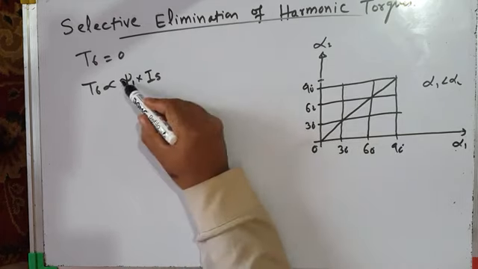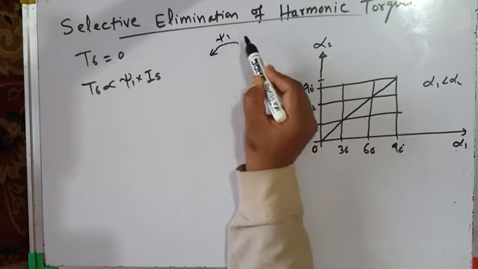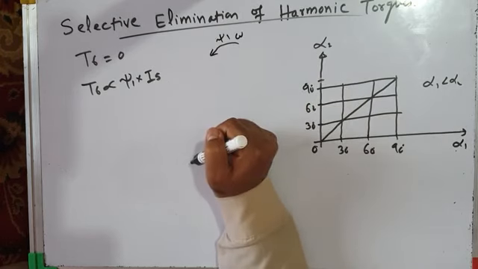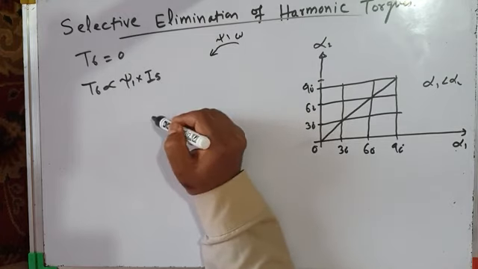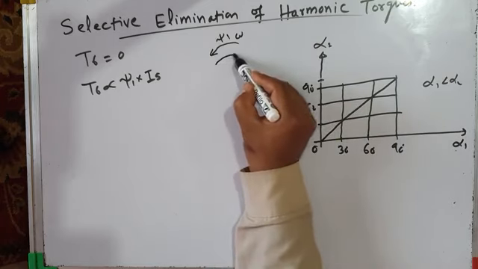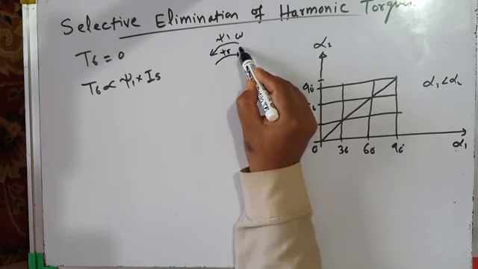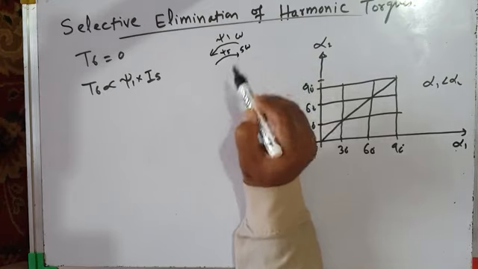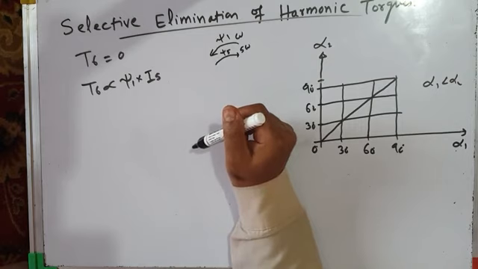We already know phi1 is the fundamental flux, and this fundamental flux, psi1, rotates at a speed of omega in the counterclockwise direction. This is the stator flux. And in the rotor, the fifth harmonic component of current also results in a revolving magnetic field, which you can call psi5, rotating at a speed of 5 omega but in the opposite direction, because the phase sequence for the fifth harmonic current is opposite to the fundamental phase sequence.